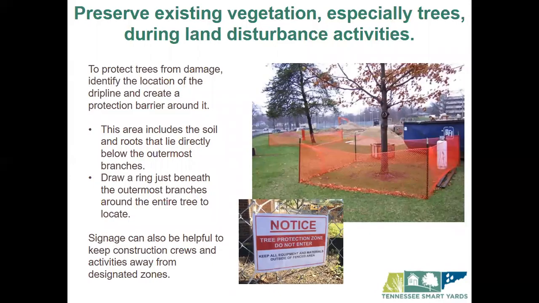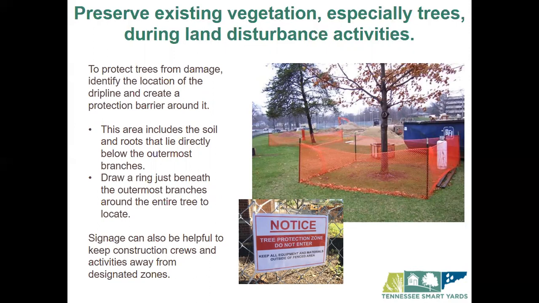To protect some of these trees from damage, identify the location around the drip line, which is theoretically roughly where the roots are. Create a barrier around the tree, and this will protect the trunk of the tree, and this will also protect the area around the tree from compaction. This area includes the soil and roots that lie directly below the outermost branches.